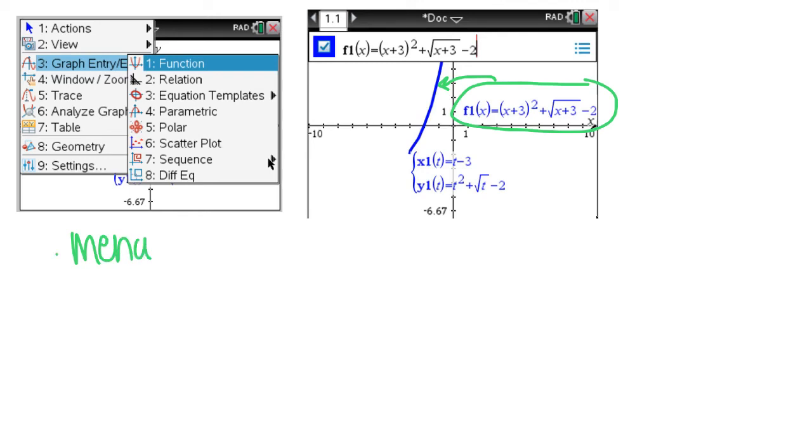Anytime you see this screen here, it's from the menu. And now this time we need to select function, not your parametric, because now we are typing in the function. And you should see the graphs overlap each other. And please try this with all those examples that we just worked through.